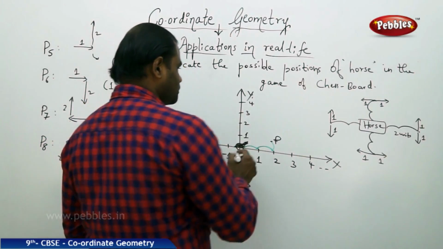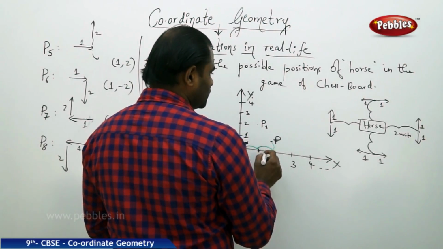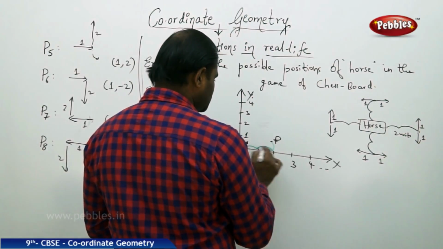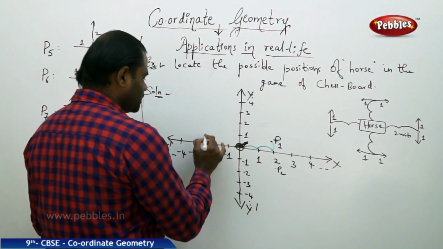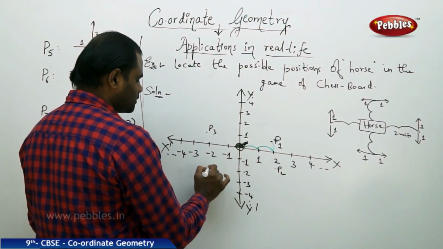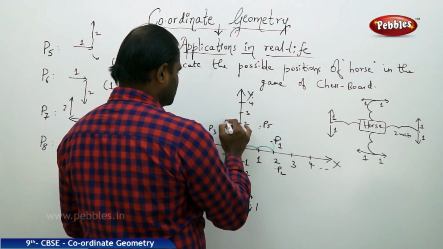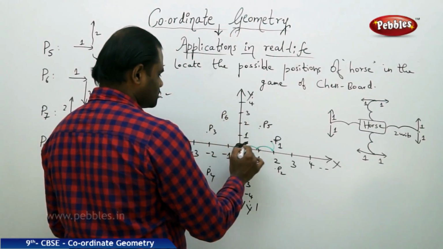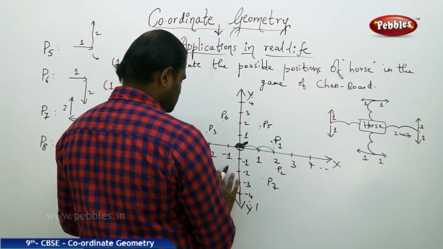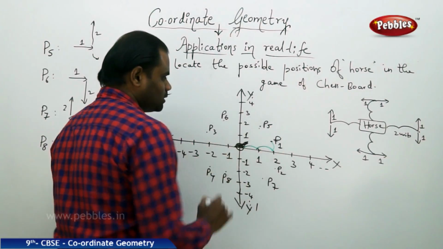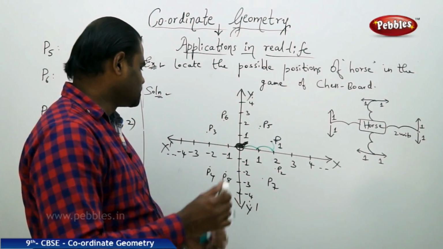The first position is 2 units right and 1 unit up, and then P2, P3, P4, P5, P6, P7, and P8 are the different positions which are made in the Cartesian system.